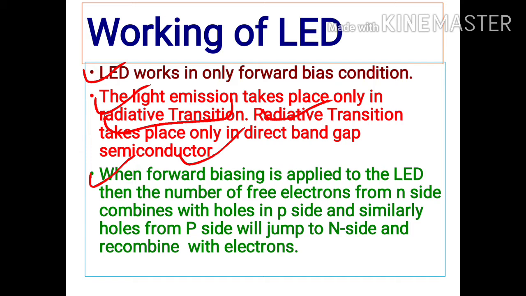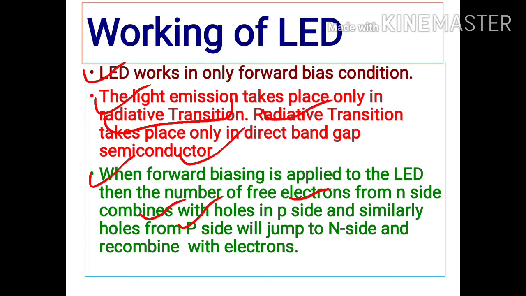So whenever the forward biasing is applied to the LED, the free electrons from the N side will combine with the holes in the P side, and similarly the holes from the P side will jump to the N side, and then they will recombine with each other.